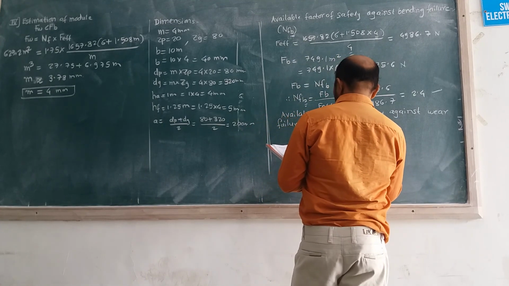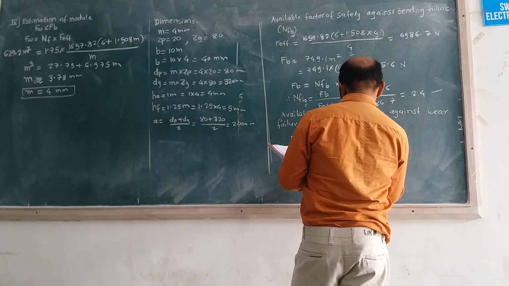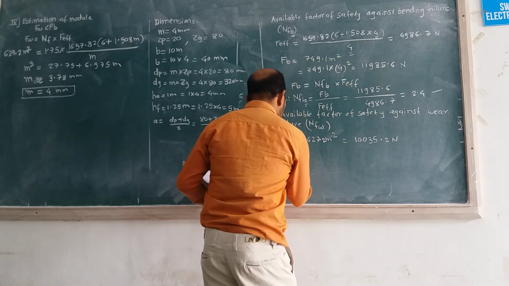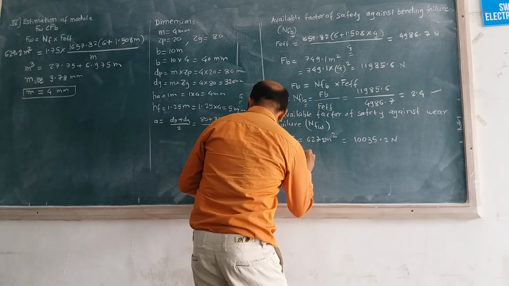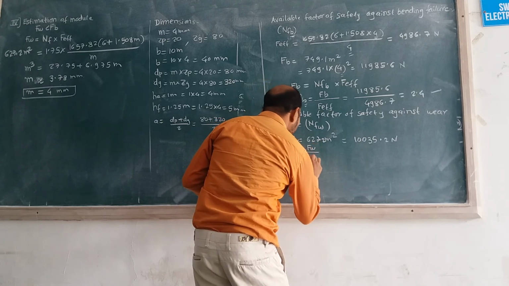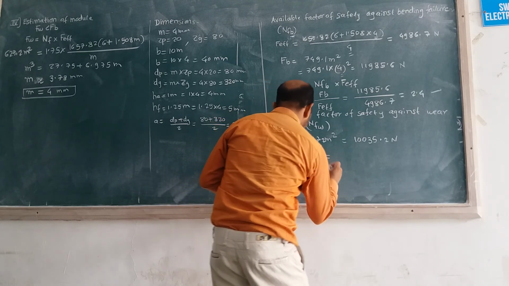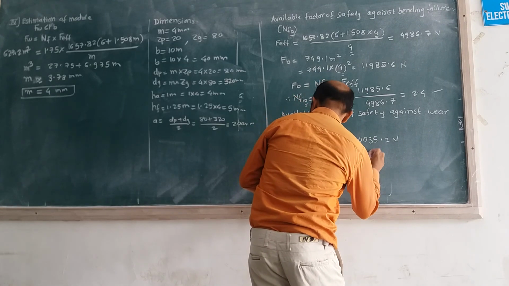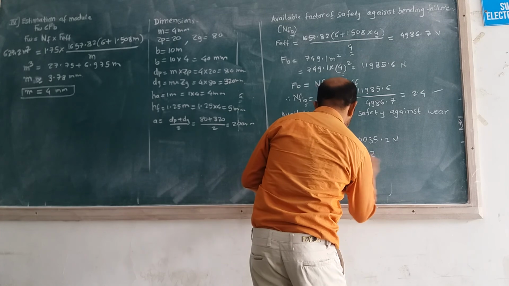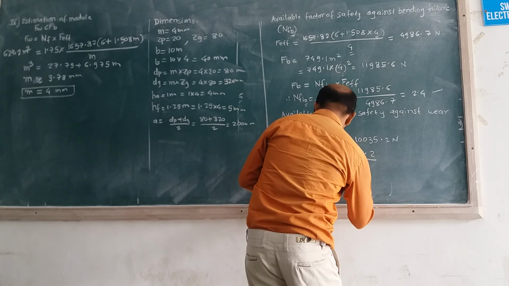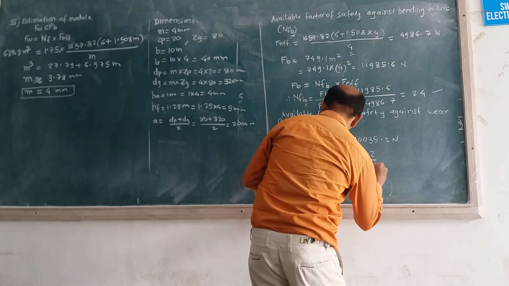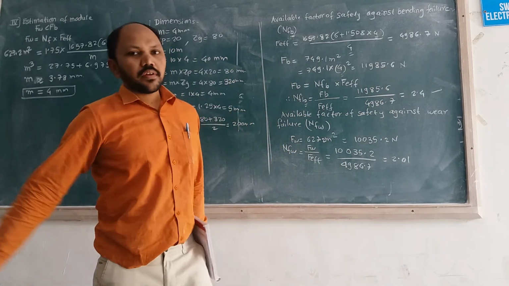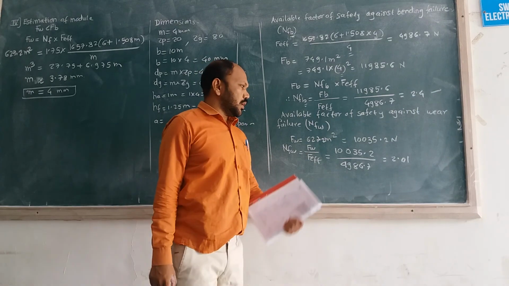Substituting the value we get 10,030.2 Newton. Then NFW is FW upon F effective, 10,035.2 divided by 4986.7, which is equal to 2.01. So this is the factor of safety value in case of wear failure.